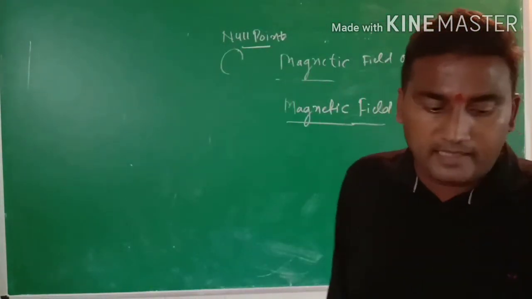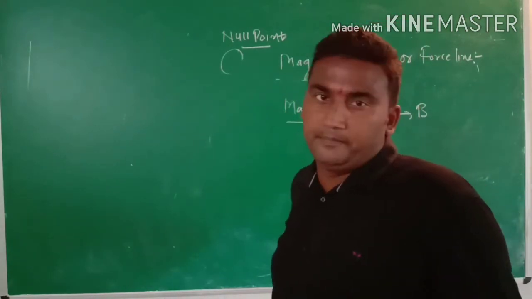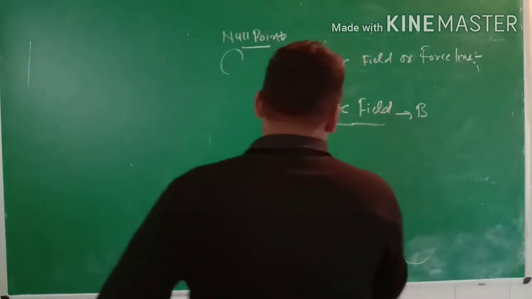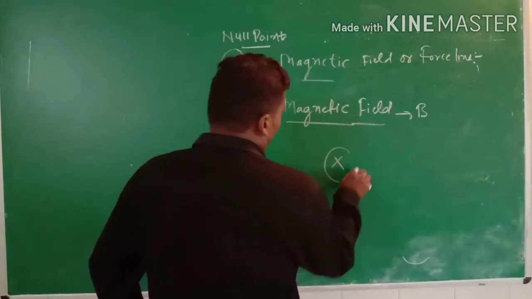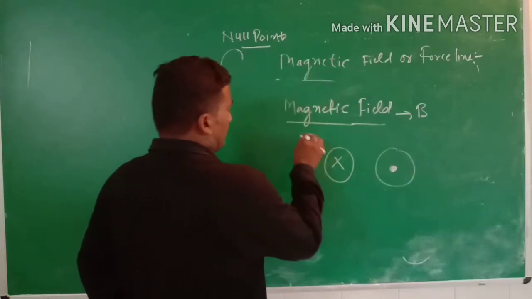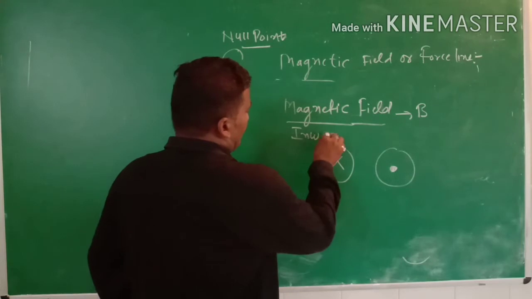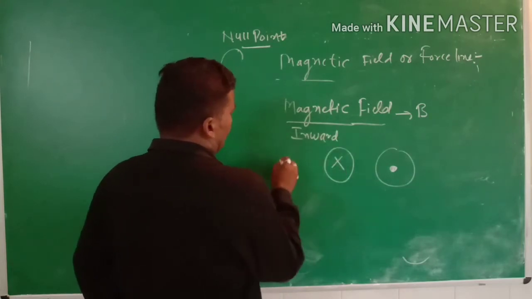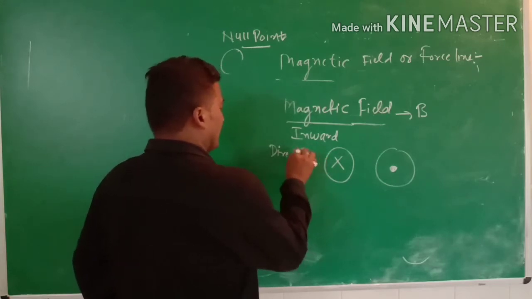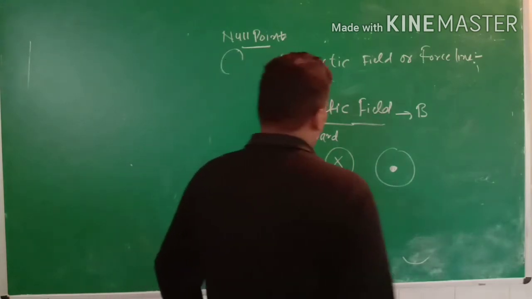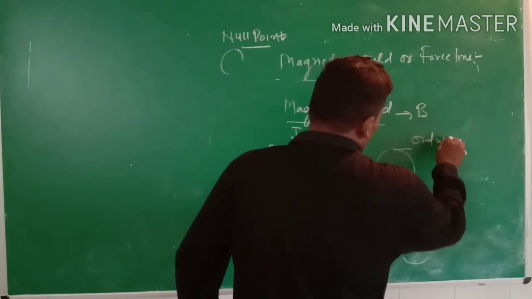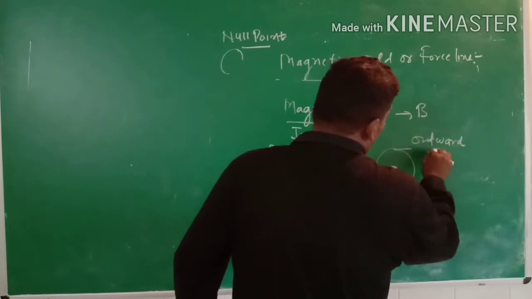It is known as the magnetic field and it is denoted by B. The magnetic field is generally represented in two ways: one is represented by a cross and another is represented by a dot. If the magnetic field is represented by a cross, then the magnetic field is inward. If the magnetic field is represented by a dot, then the magnetic field is in the outward direction.